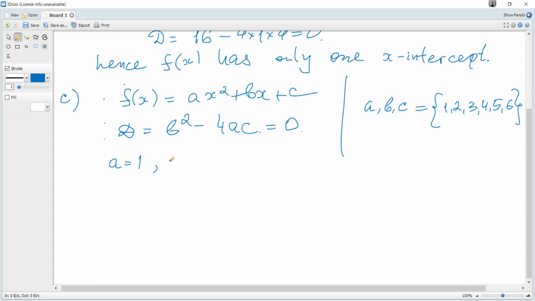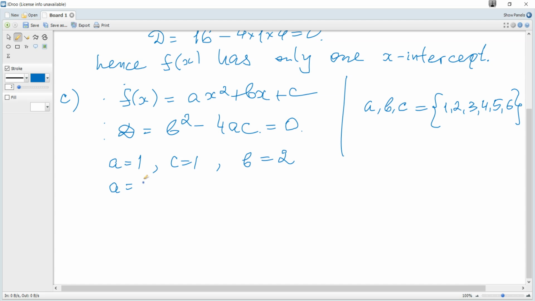If a is 1 and c is 1, you can see that b is 2, which is one possible variant, so that the discriminant is equal to 0. Notice that a, b, c are integers, and you need to consider all possible outcomes. We start with a being 1, and let's continue.